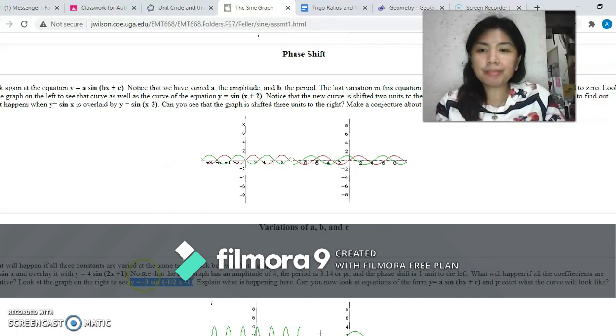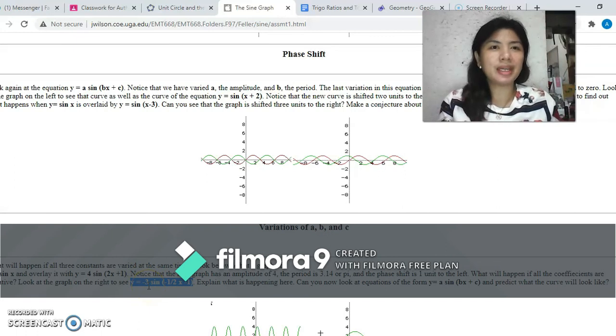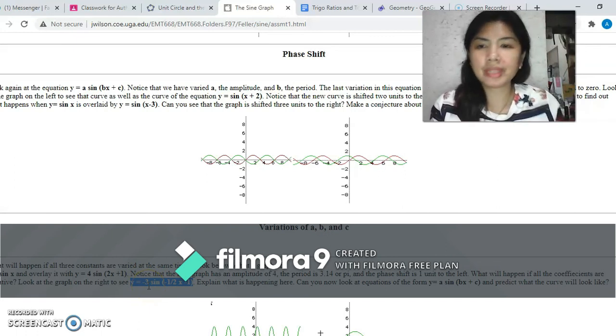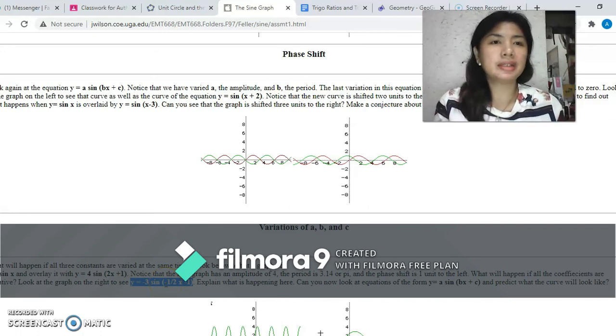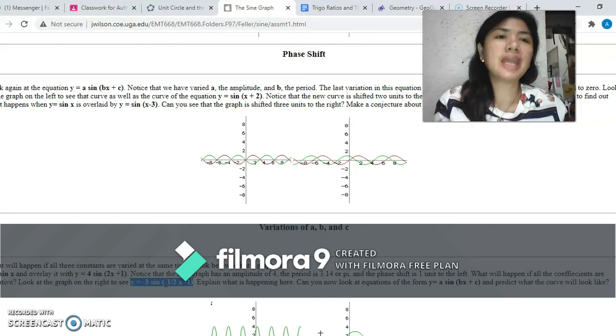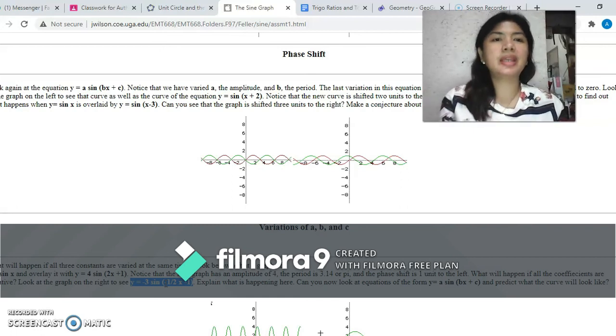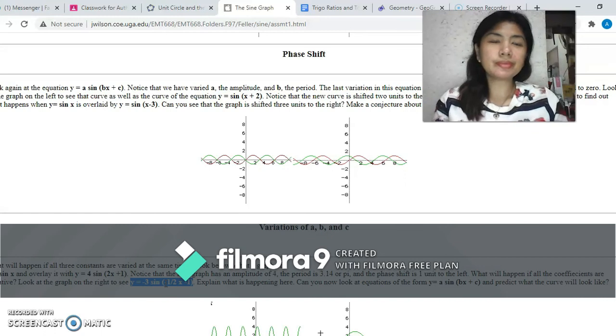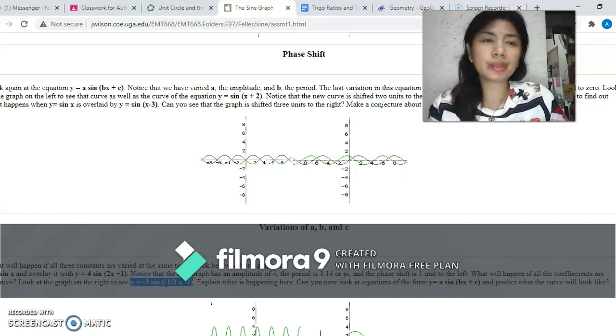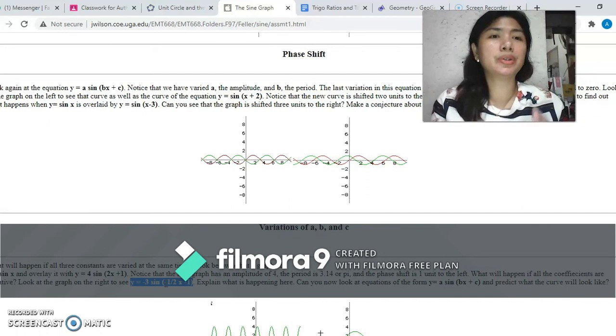But if the B is negative, like negative 1/2, then it's different. If B is negative, the shifting for C goes like this: for positive C, it will go to the right, and for negative C, it goes to the left.